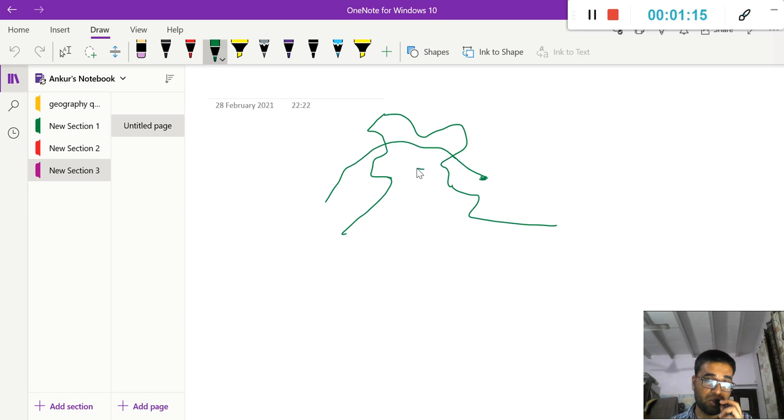This is the Jhelum River, this is the Chenab River, this is Ravi, this is Beas River, and this is Satluj River.